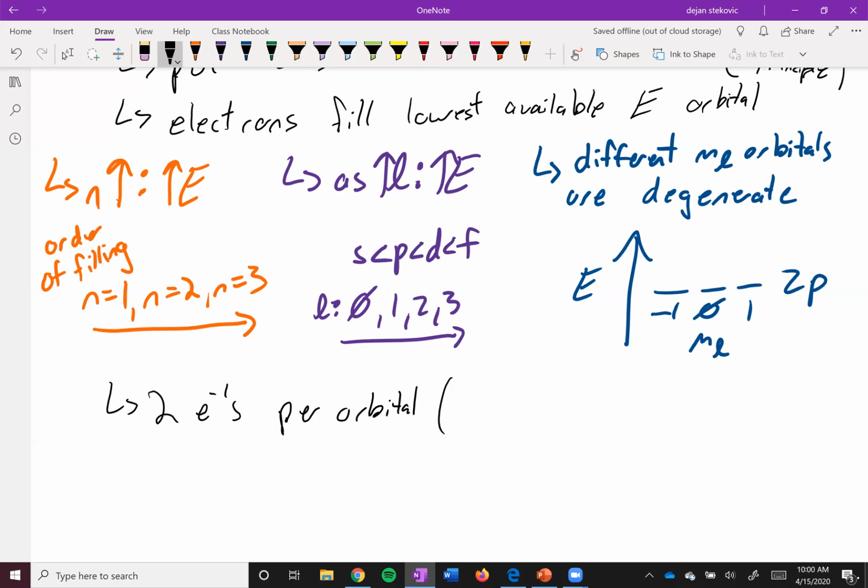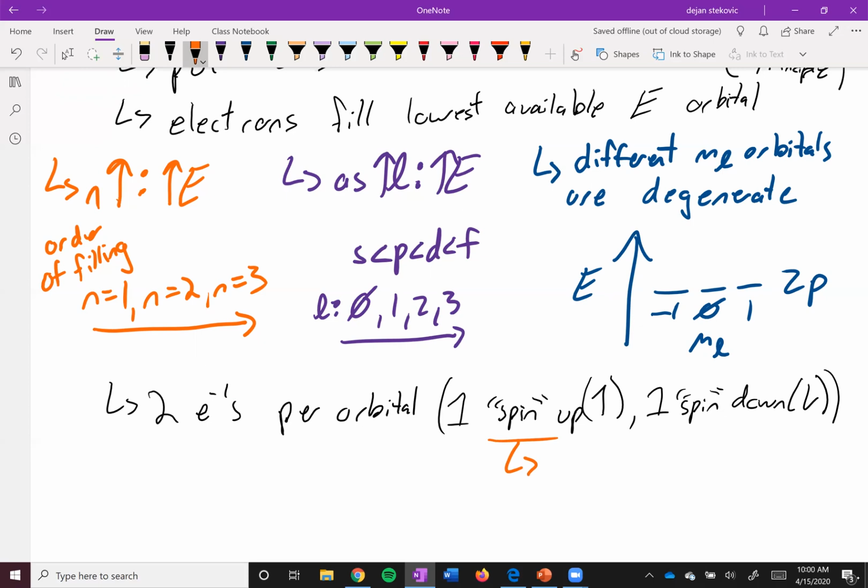One of these electrons is going to be spin up, one is going to be spin down. Spin up, we draw this half-hook arrow pointing up. And spin down, we draw this half-hook arrow pointing down. Remember, spin up and spin down are the quantum number m sub s. When you're pointing up, you're +1/2. When you're pointing down, you're -1/2.